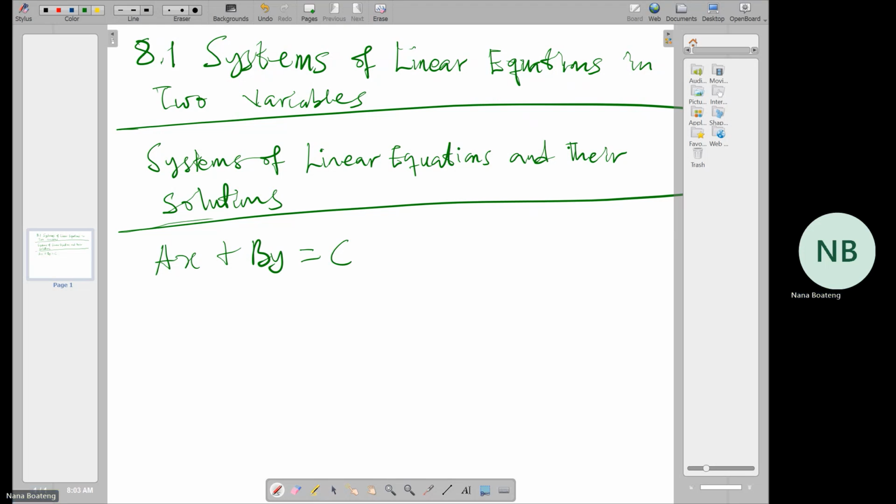A solution: there are kinds of solutions of linear equations.